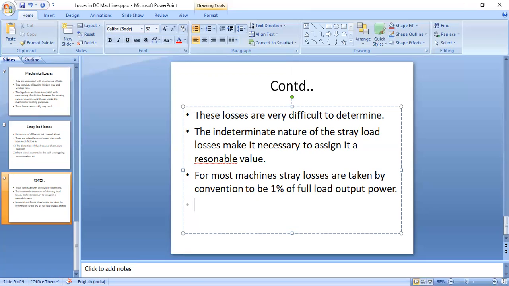So it is normally given as some definite value, which is a reasonable value for the stray load losses. So it is also very small.